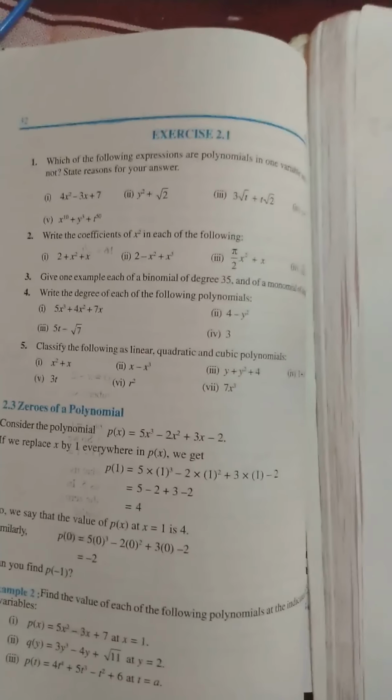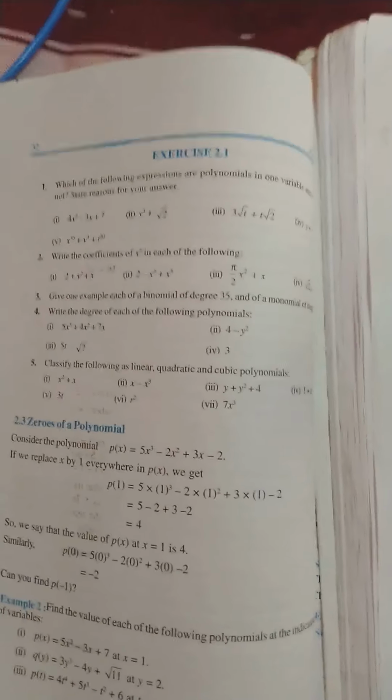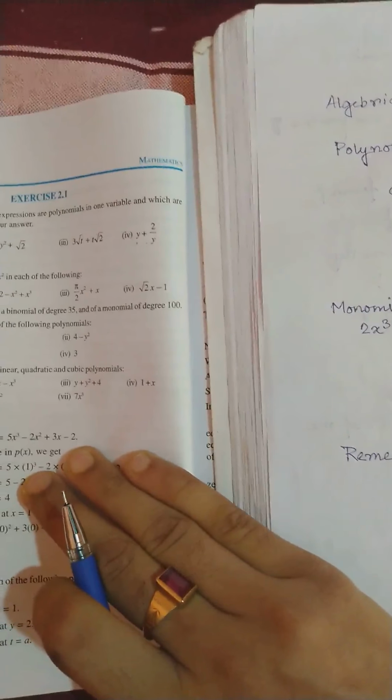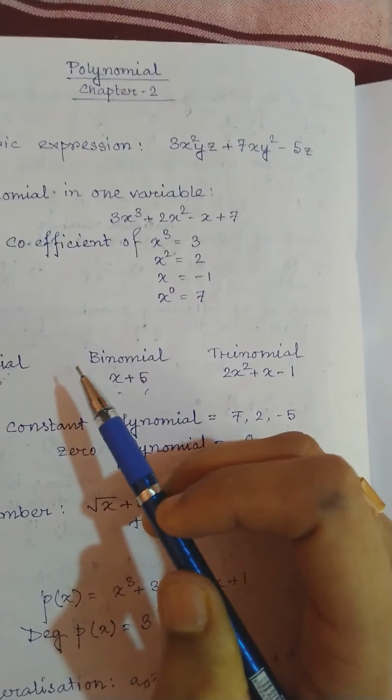Now comes the third question. Give one example each of a binomial of degree 35 and a monomial of degree 100. Now question number 3. Binomial. We already know that a binomial contains two terms, but the degree is 35.